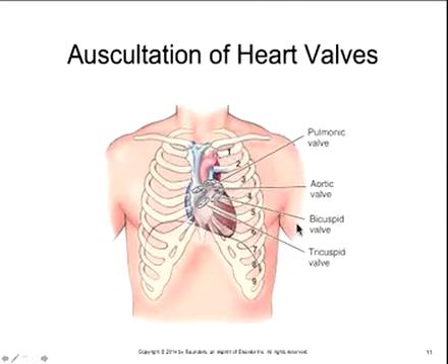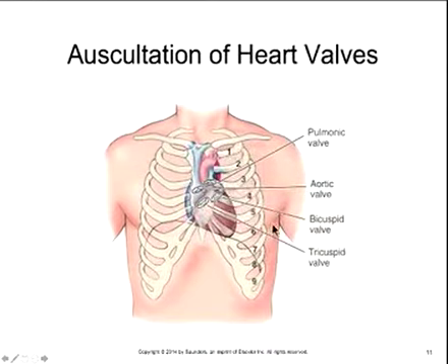You can pick up the aortic valve by placing the bell of the stethoscope between the fourth and fifth rib on the right side. Okay. You can pick up the pulmonary semilunar valve by placing the scope between the second and third rib on the right side, close to the sternum.